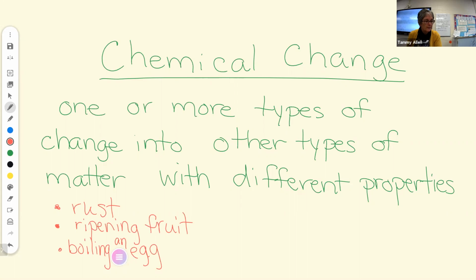Let's talk about the mass. The mass would have been the water and the fizz tab, right?